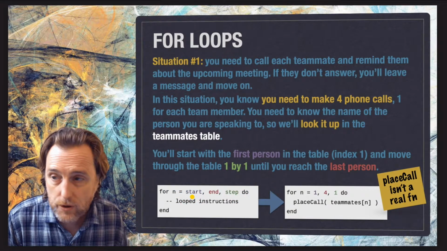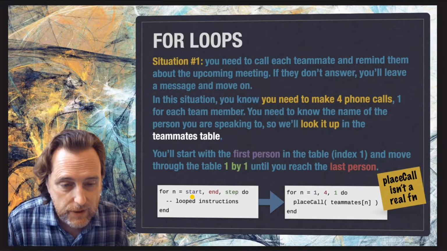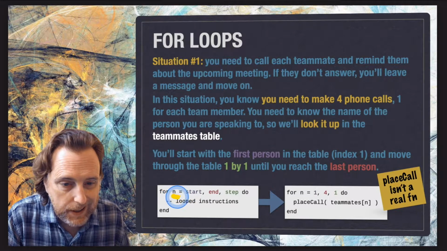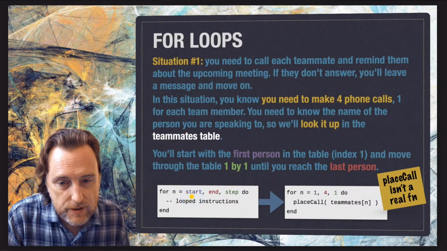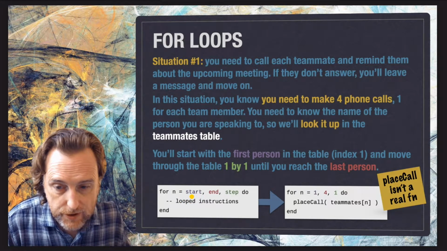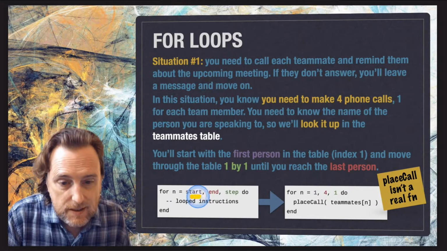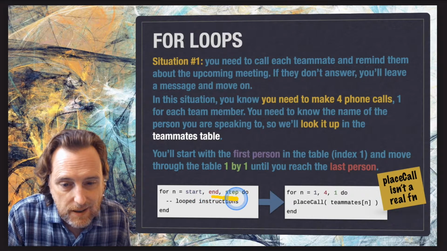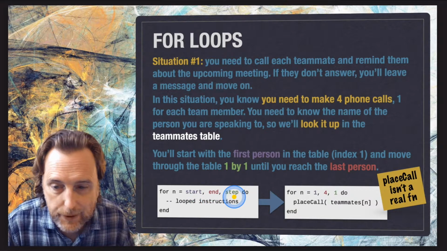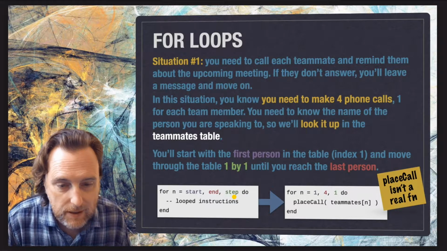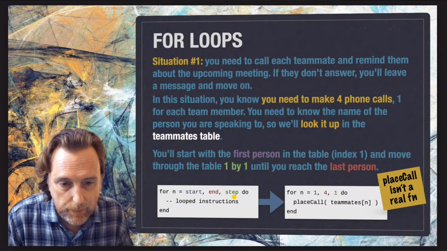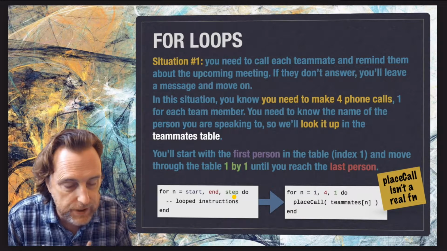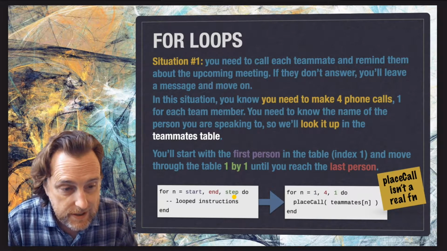The 3 bits of information. The for loop works with an integer counter that you get to name. So I've called it n here. So I say for n equals start, that's the number you want to start at. End is the number you want to end at. And step is the counting rule. That is for each loop, how many integers do you want to jump up or increment up to do the next loop. 1 is the default.